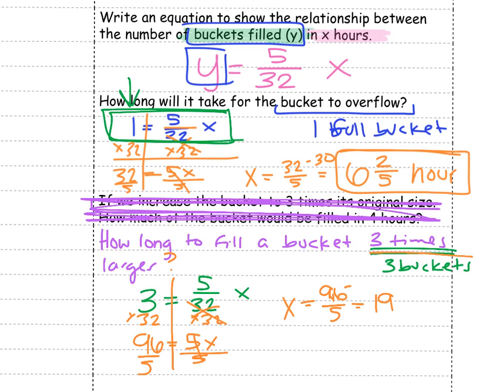And that would be 95. And so we have 1 part left over. So 1/5 left over. So how long would it take to fill a bucket 3 times larger, or essentially 3 buckets? It would take 19 1/5 hours. And there we have it.